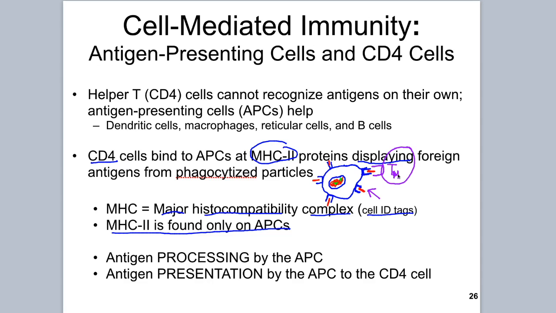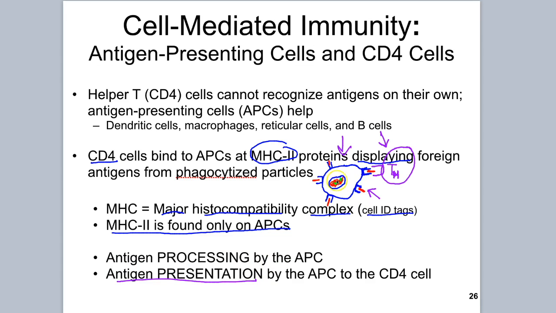As soon as this helper T cell binds this, if it recognizes that this is a foreign molecule, the helper T cell will immediately initiate an immune response. This process of our macrophage presenting the foreign antigen to the helper T cell is called antigen presentation.